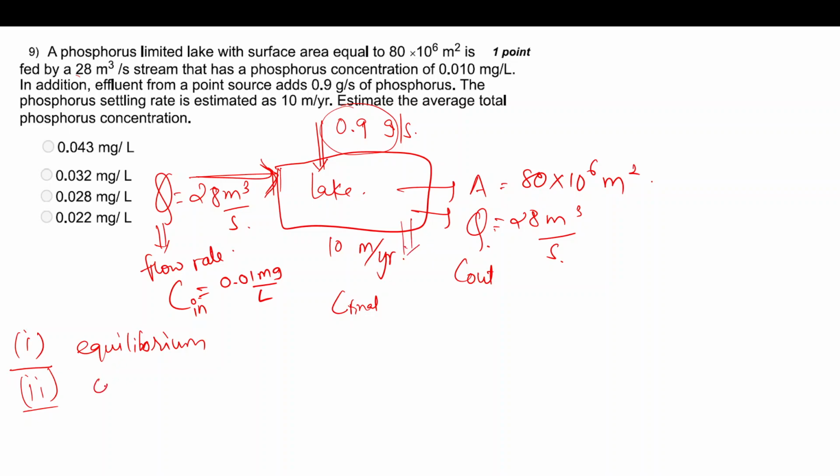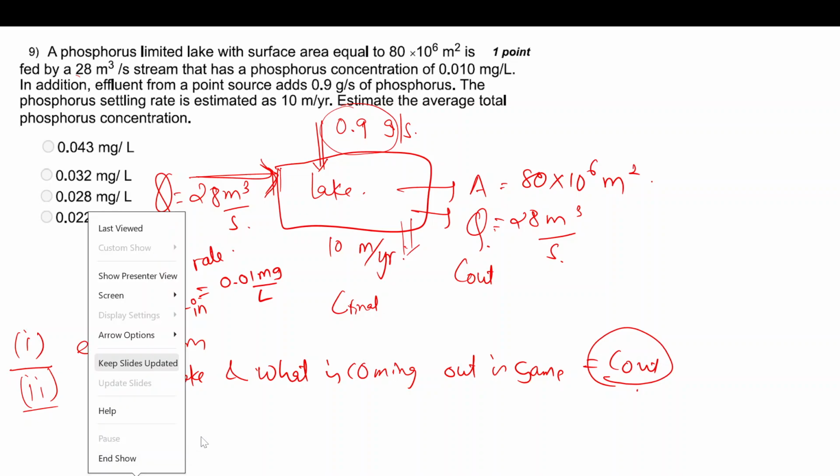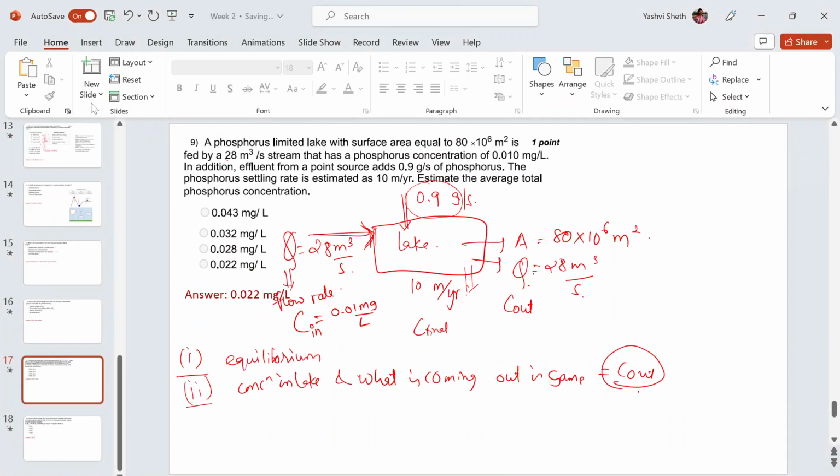So the concentration in the lake and what is coming out is the same. Let's say it is C out. So you need to find C out in this case. Let's write a material balance to do this calculation.